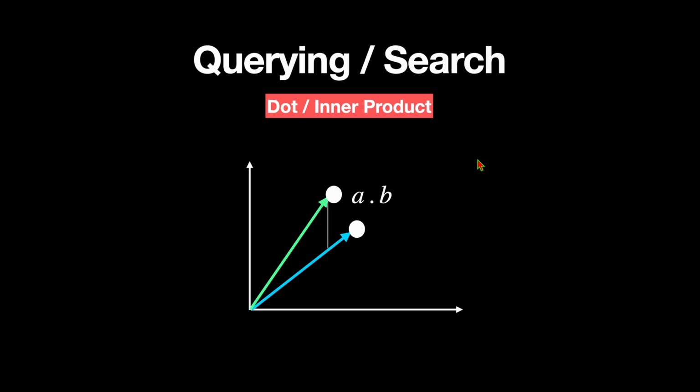A positive value represents that the vectors are pointing in the same direction, a 0 represents orthogonality again, which means one is perpendicular to the other, and a negative value represents that the vectors are at an angle greater than 90 degrees. So these three are pretty much the metrics that we use to quantify how similar two vectors are.